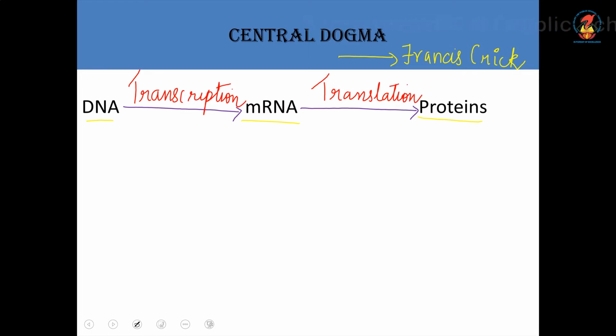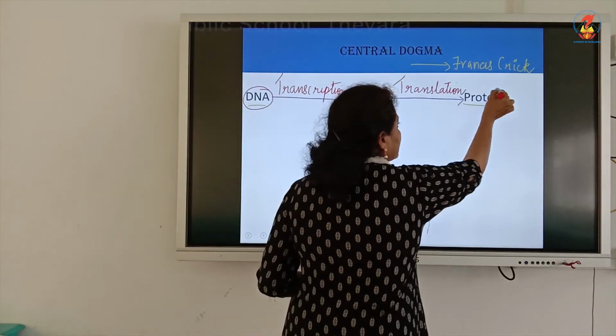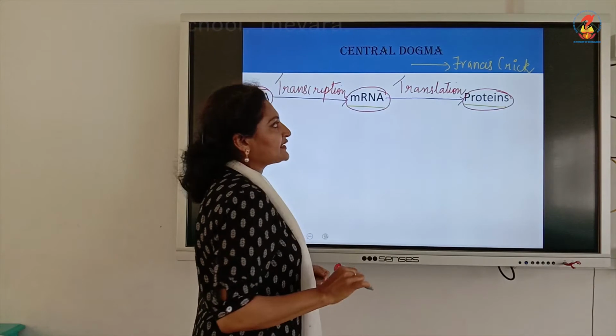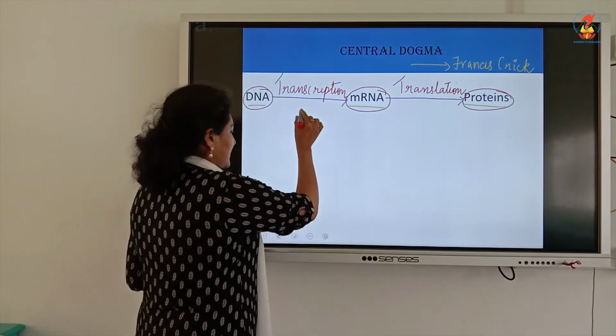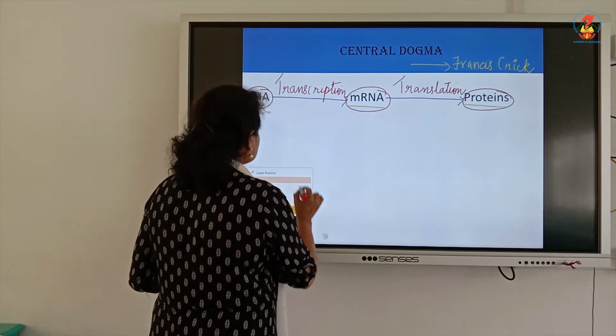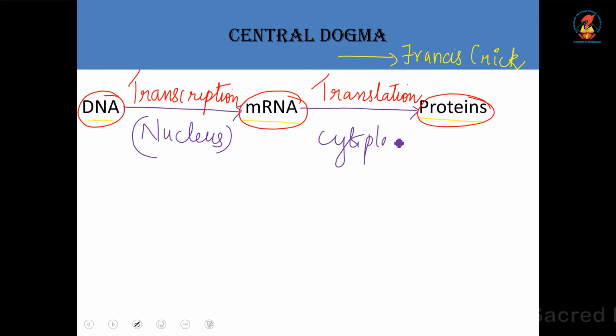So, once again, the process by which an mRNA is formed from the DNA is known as transcription, and the process by which proteins are derived from the mRNA is called translation. In eukaryotes, transcription occurs in the nucleus and translation occurs in the cytoplasm.